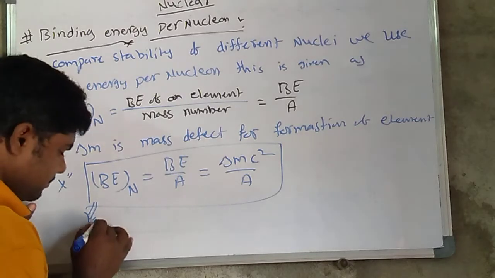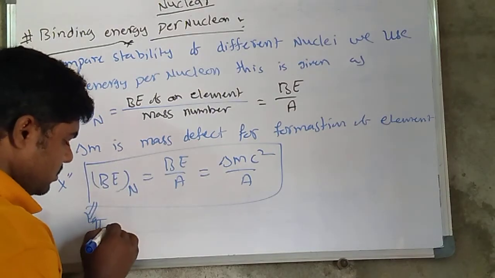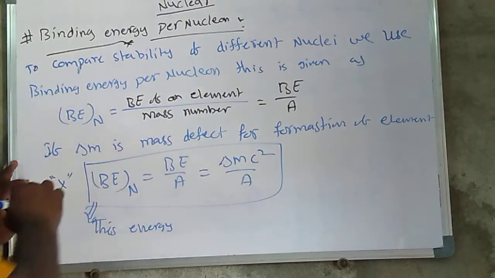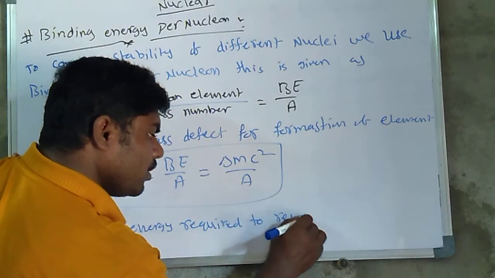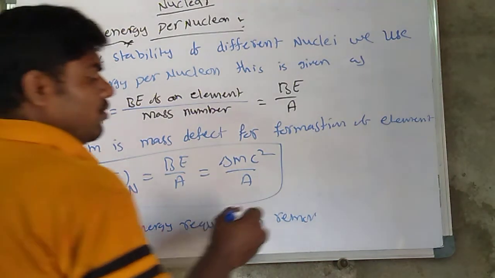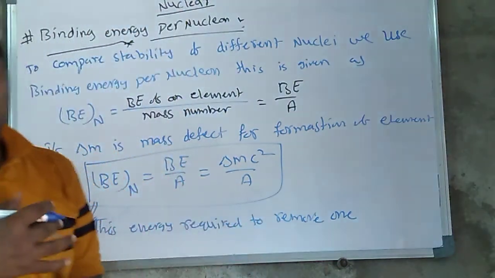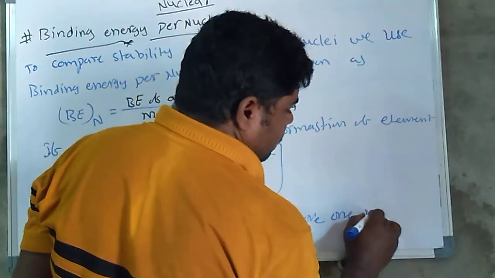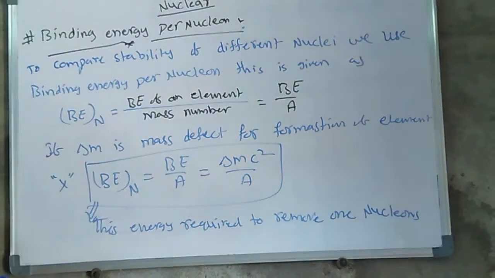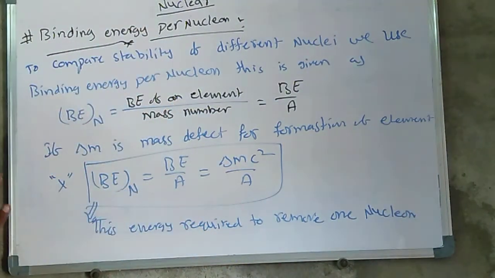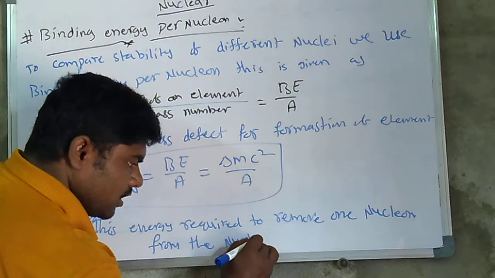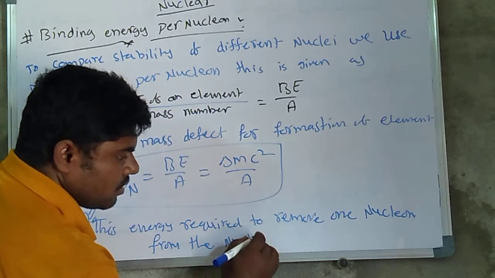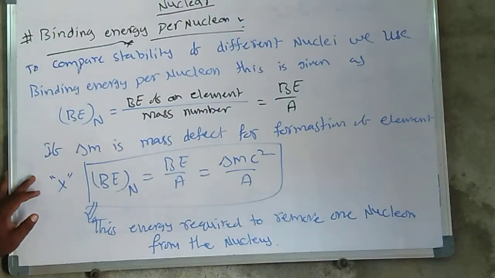So this is called binding energy per nucleon.